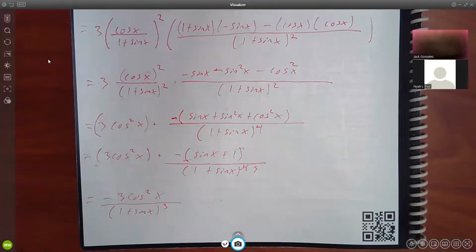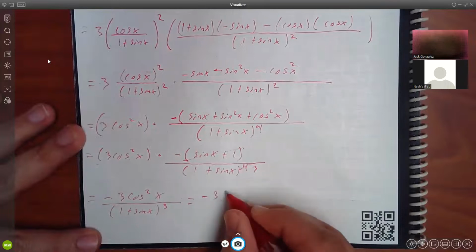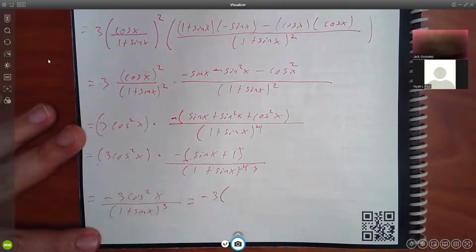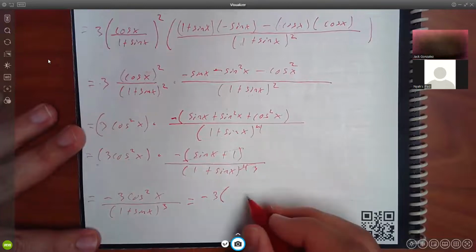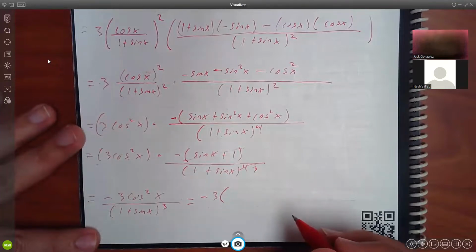What is cosine squared equal to? We still have our answer to use here then. I don't know what the answer choice is. I don't have it in front.